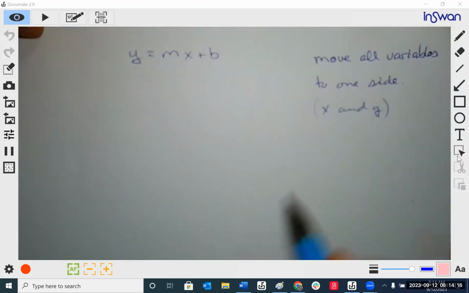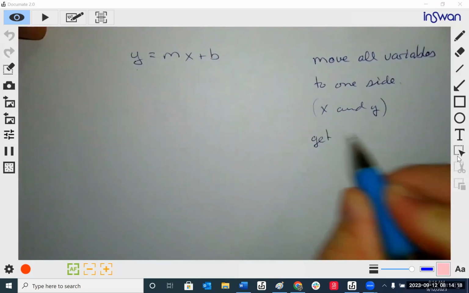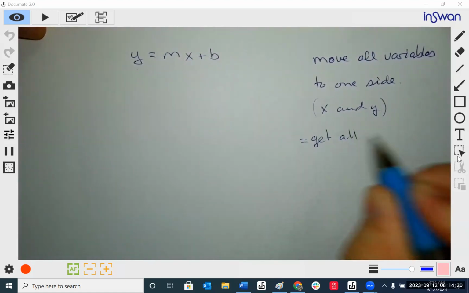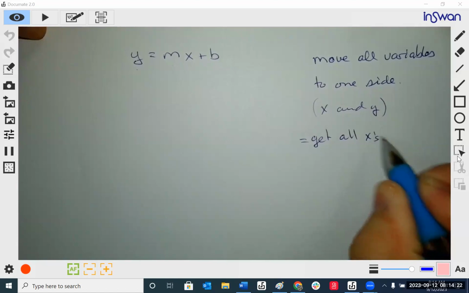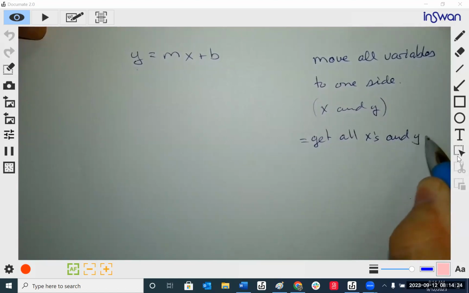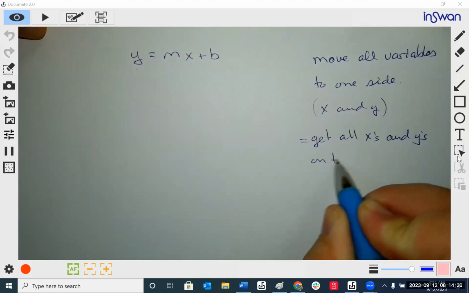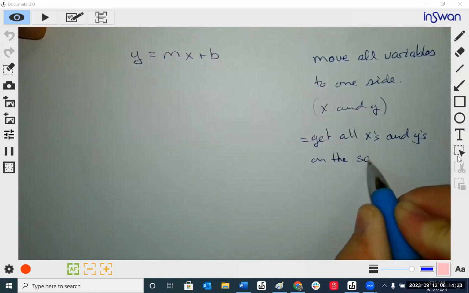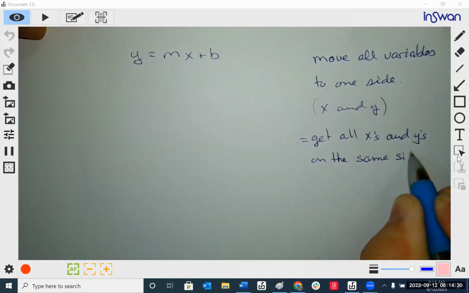We have to get, in other words, what that says is get all X's and Y's on the same side. That's what it's saying. How do we do that?